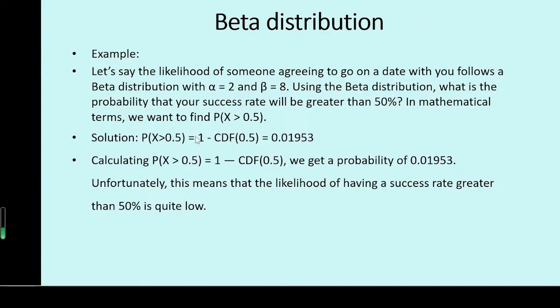This term can be calculated with an integral, or checked from a table. So this result is about 0.02. Unfortunately, the result means that the likelihood of having a success rate greater than 50% is quite low.